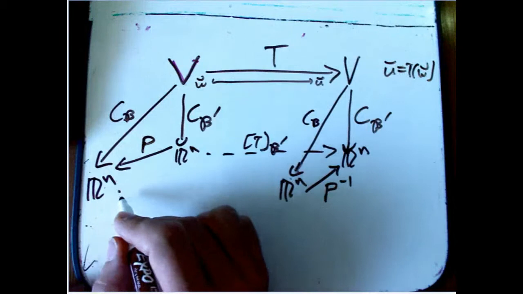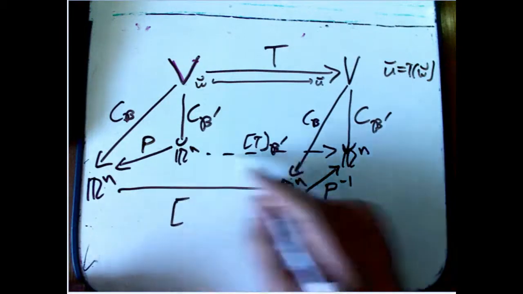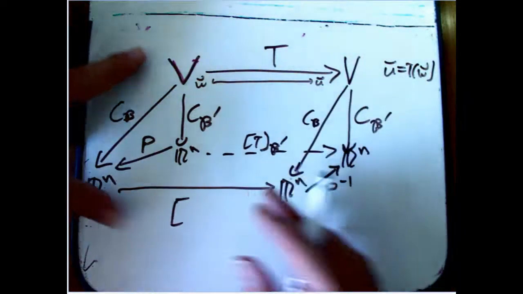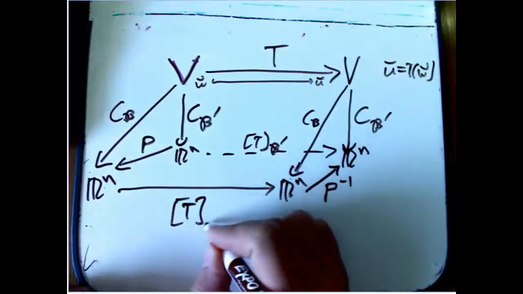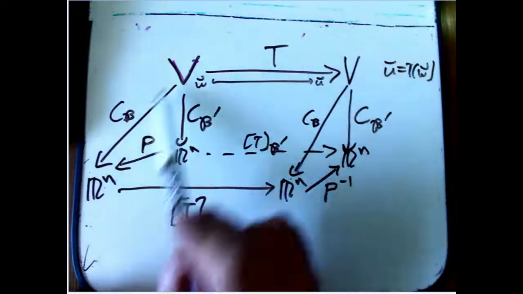Okay, and then here is the matrix. The reason this is dotted is it's kind of in the back of this prism. It's like a prism diagram. So triangle, triangle, and then square faces. Okay, and so now we've got this face here, where you ignore the B prime for a minute.